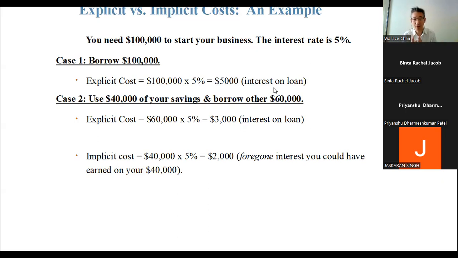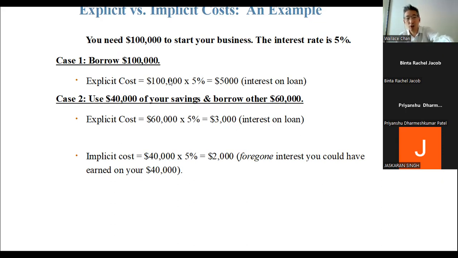However, if you use $40,000 of your savings and borrow $60,000, then you only need to pay $3,000 as the interest on the loan.